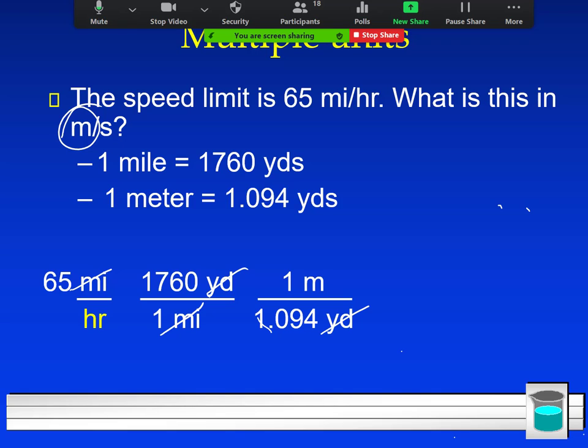Everything's the same so far. Here comes the tricky part. And it's not that tricky, but it catches you because you're so used to putting it on the bottom. What unit I want to get rid of is hours. So in order for hours to cancel, it's got to be on top. The hours has to be on top or it won't cancel. So when I make my conversion factor, I can go from hours on top to minutes on the bottom.